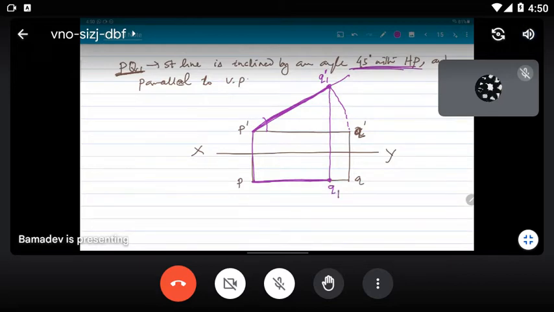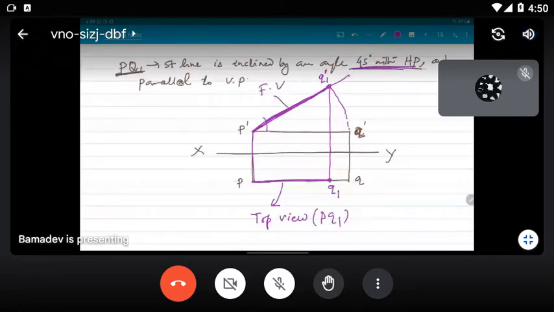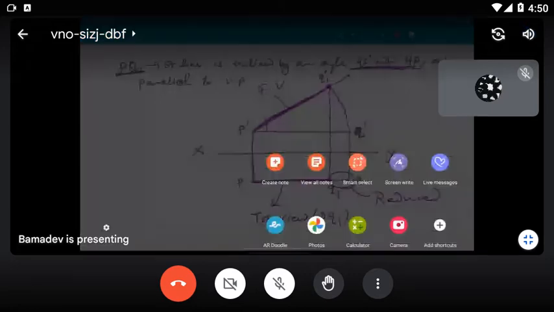This becomes the top view. So this is your top view, which is PQ1, and this is your front view. And how much length is reduced? This length is reduced.